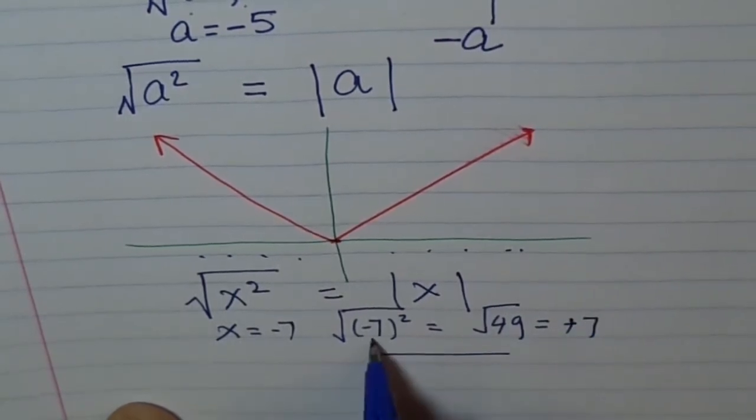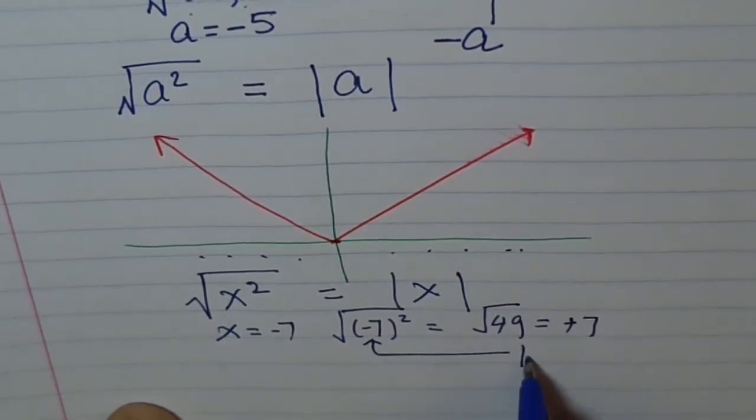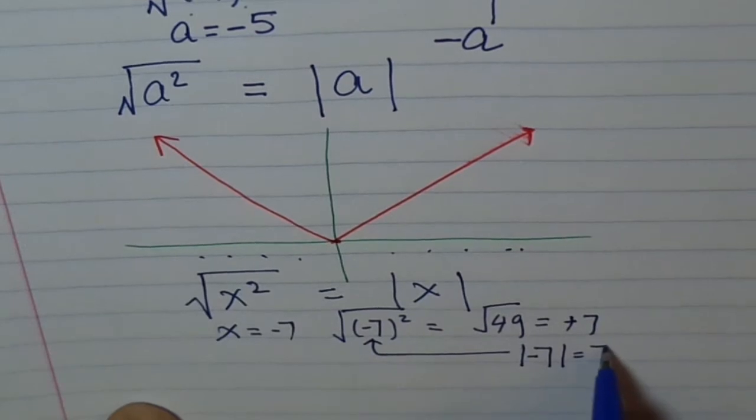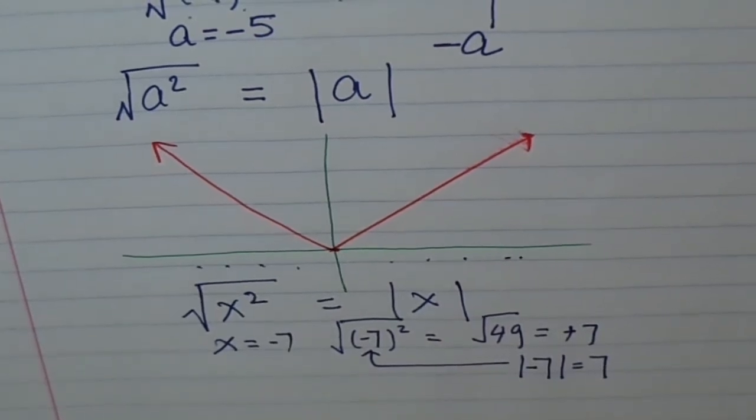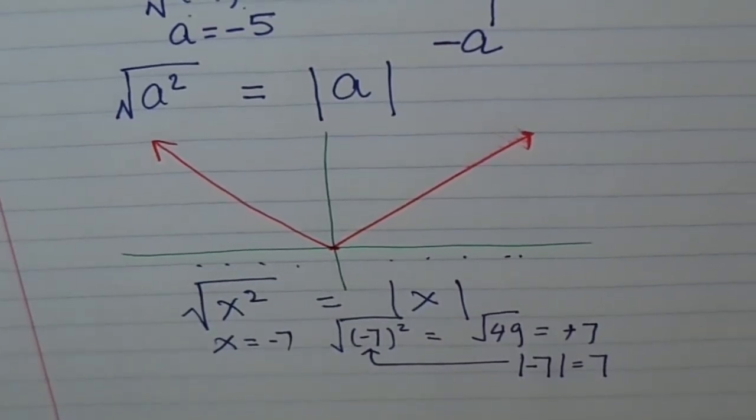So it is actually the absolute value of minus 7, which equals plus 7.